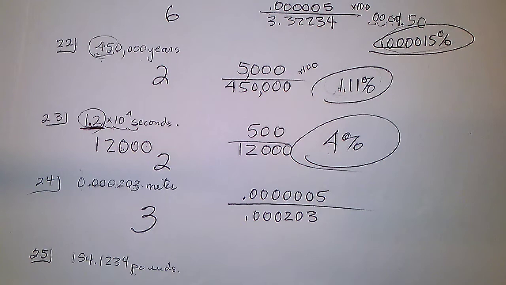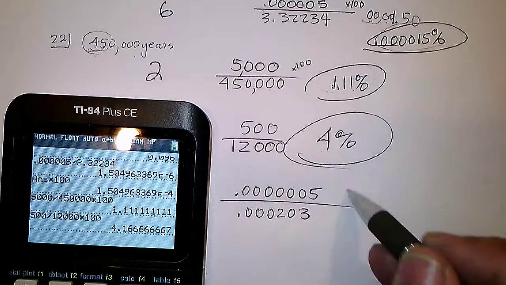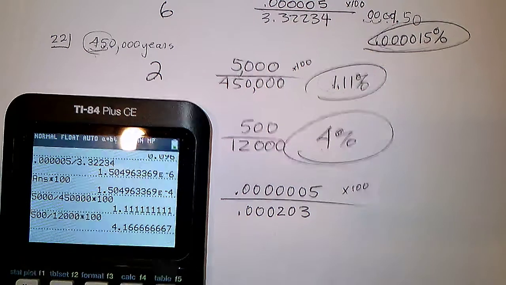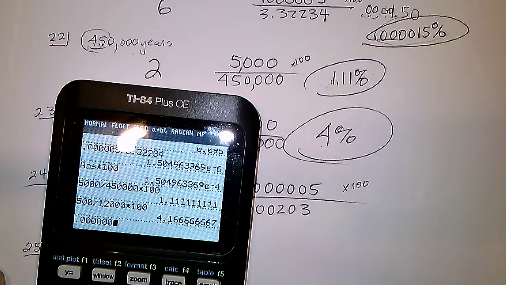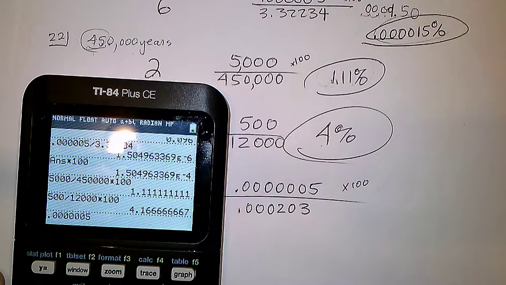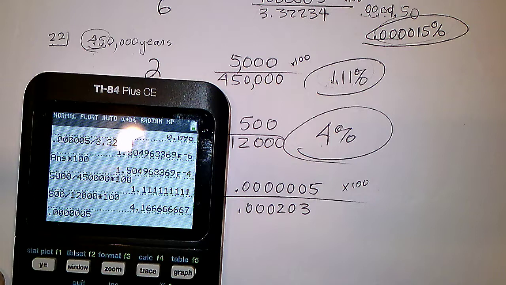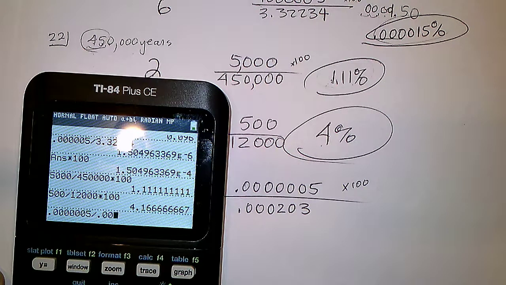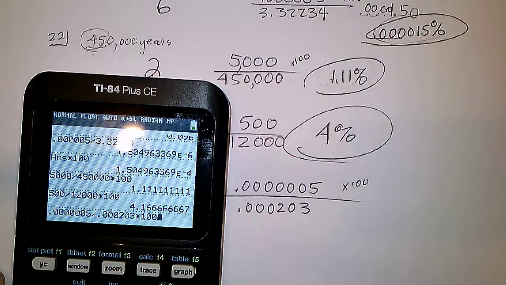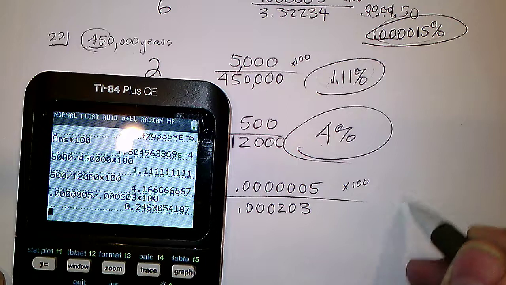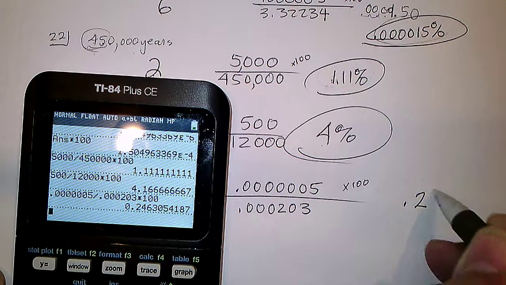It should be something like 0.1 or something. Let's see what that is. Only times 100. So 0.0000005 divided by 0.000203 times 100 to make it percent, and we get 0.2%.